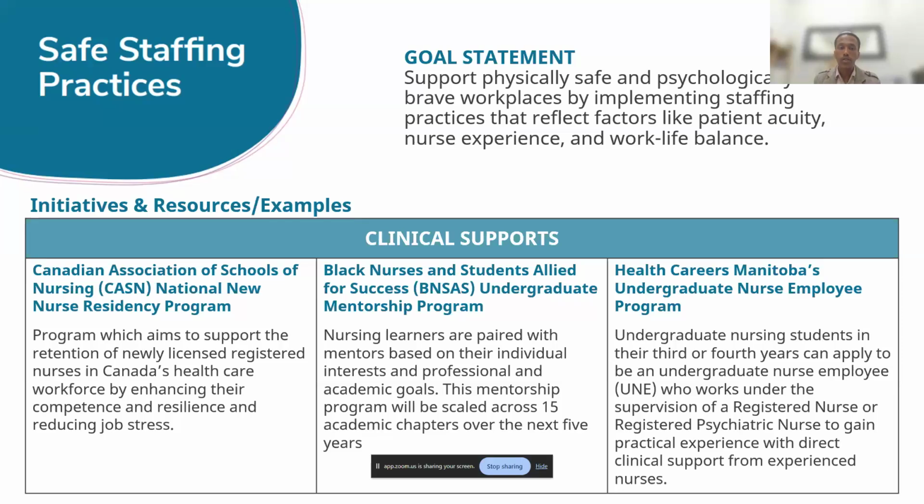Additionally, there's also reference to another uni initiative, this one coming out of Manitoba. And this, of course, ties into the topic of safe staffing, as in addition to helping relieve summer vacation vacancies that are created, that was mentioned earlier in the presentation, like how in Alberta there's mass hiring of nursing students to support these gaps, also recruiting unis to fill vacancies and staff shortages, whenever applicable, on a part-time basis, even throughout the school year, goes a long way in dealing with the safe staffing goals we have in healthcare.